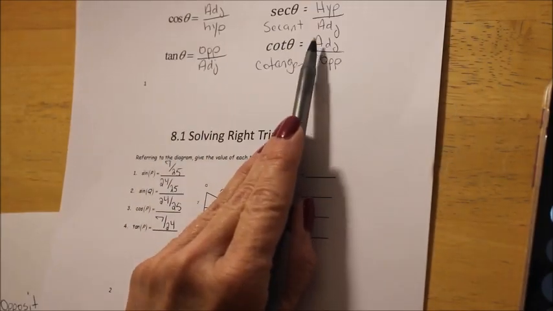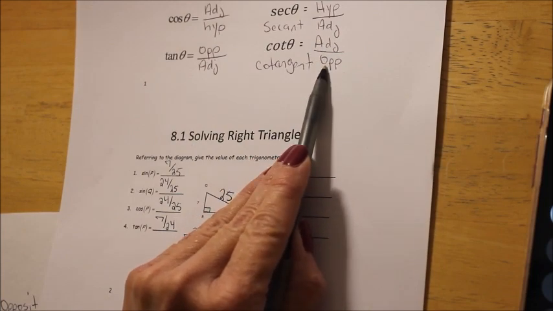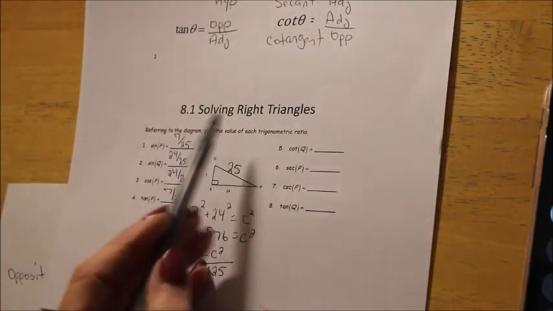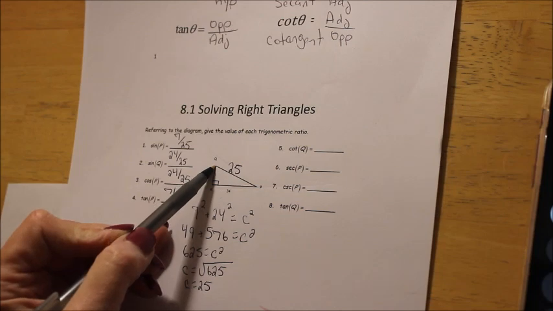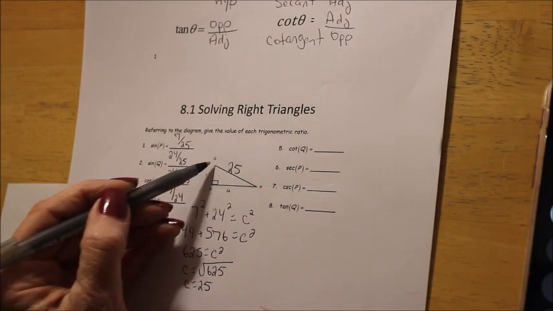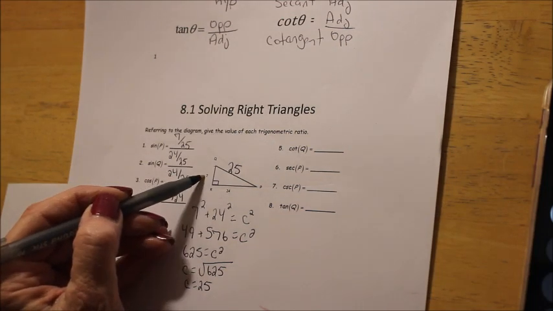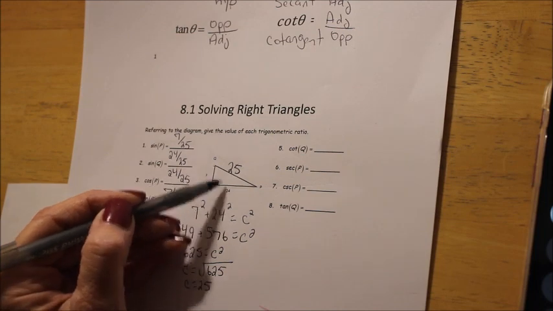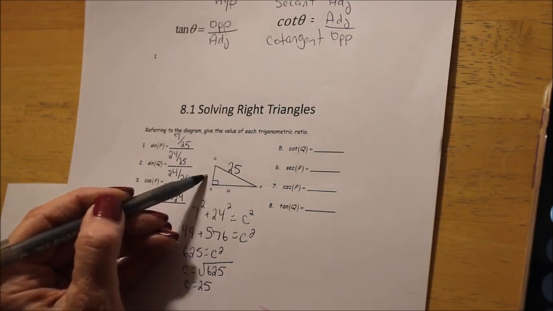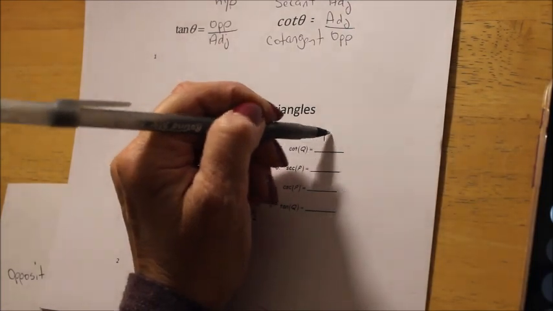Cotangent is adjacent over opposite. So I'm going to come down here to Q, and we're going to say, okay, so the adjacent to Q is 7. The opposite side to Q is 24. So it's going to be 7 over 24.